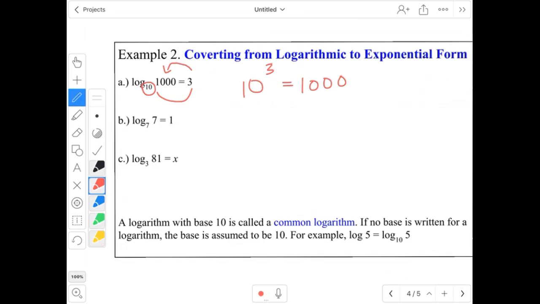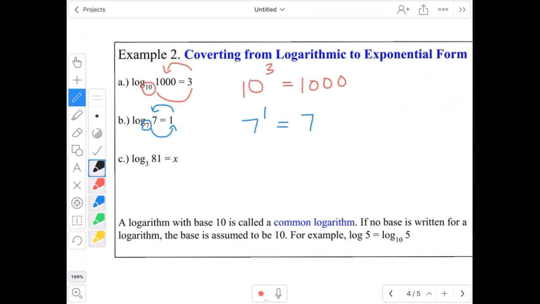I know that 10 to the third power equals 1,000. That's also a nice way to check your logs, by checking them in exponential form.